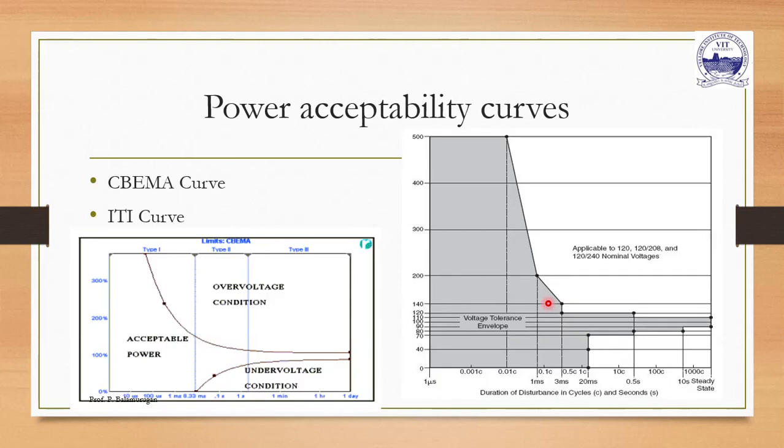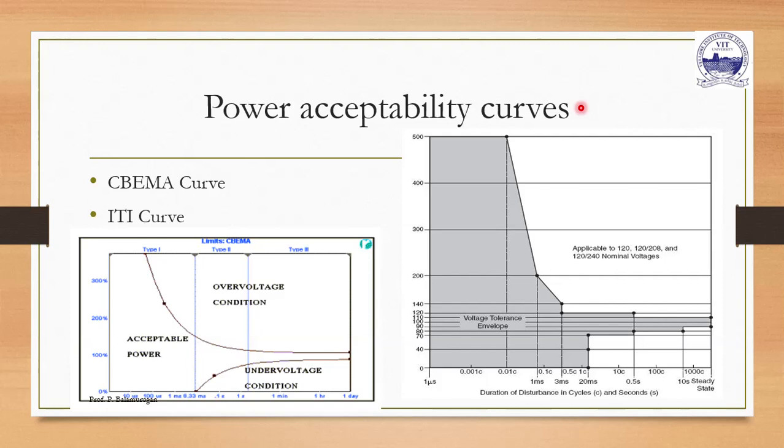So the next thing is about the power acceptability curves. Whatever conditions we have studied so far are the basic characteristics of the power quality parameters, and we have certain norms which dictate the variation in the system voltage limits as a function of time.